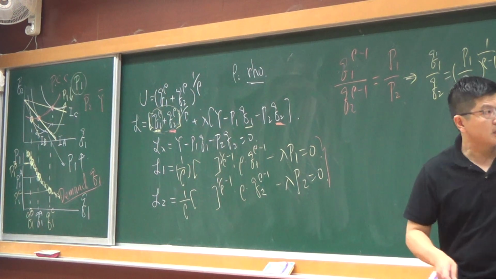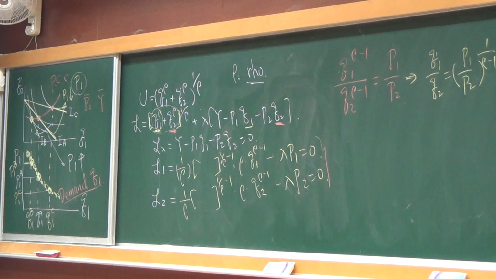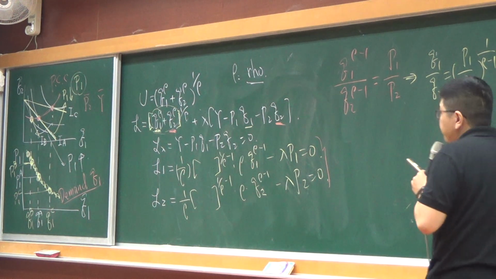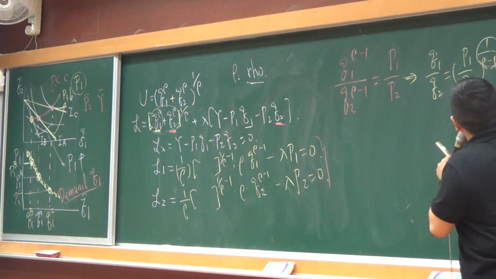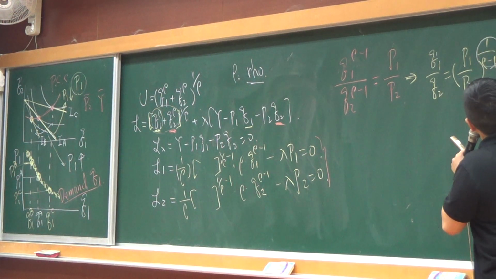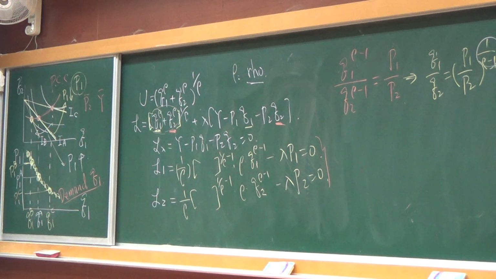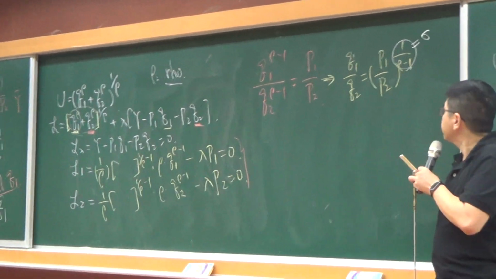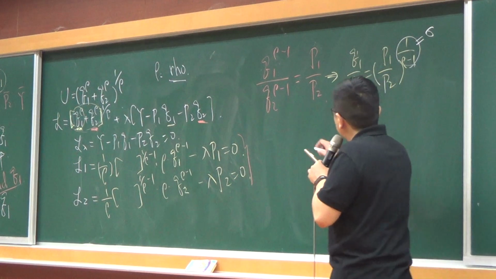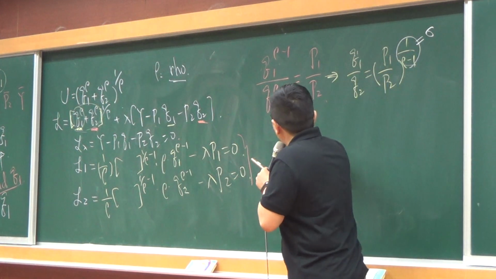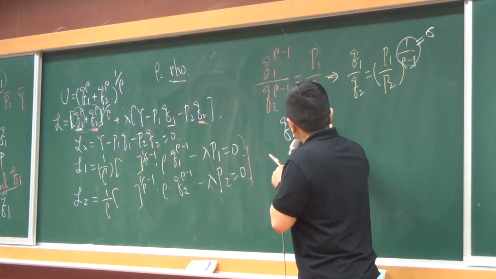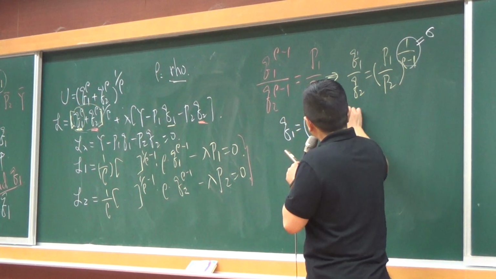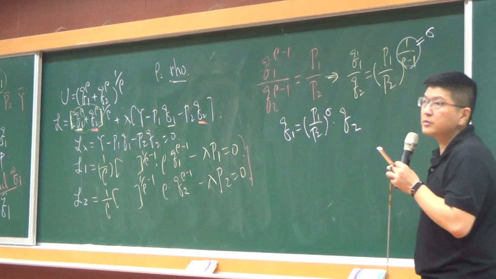So you see, we define a new variable sigma. This is defined as a new variable sigma. And so Q1 equals P1 over P2 to the power of sigma multiplied by Q2.